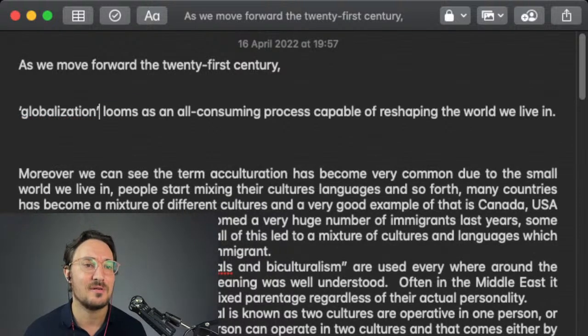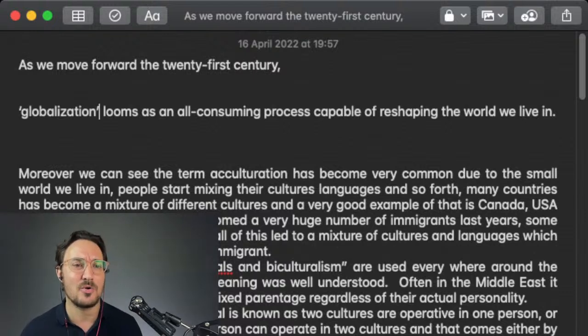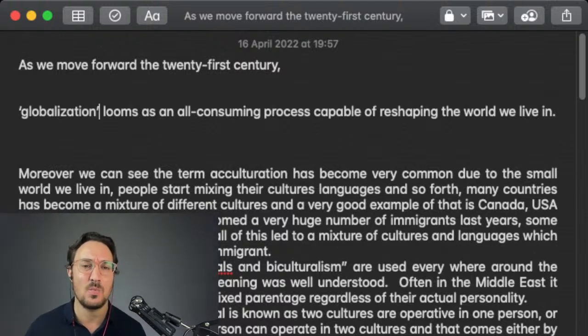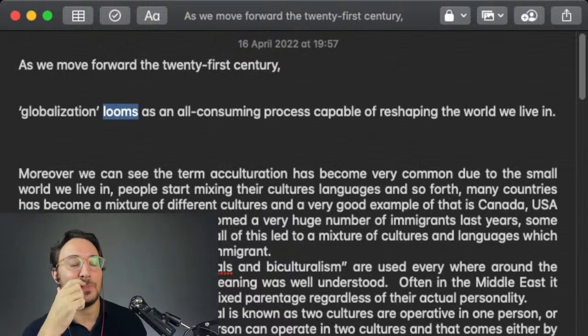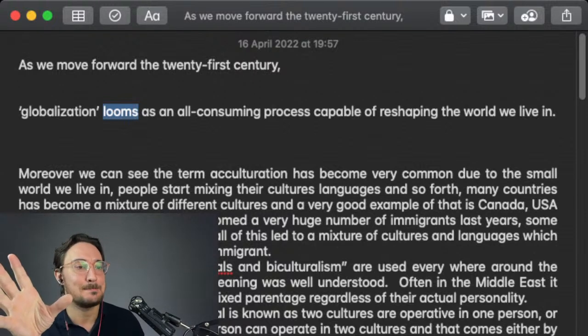Globalization looms as an all-consuming process capable of reshaping the world we live in. Globalization, as we move forward the 21st century, globalization. I mean, the thing with the word looms is that it's very negative sounding.